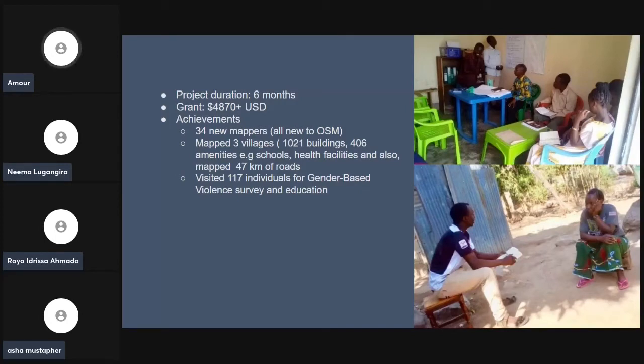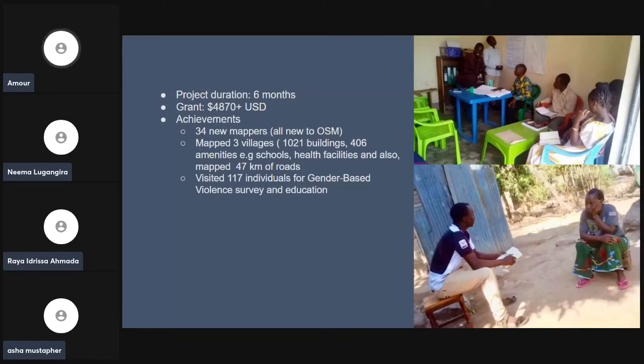They've already mapped 3 villages, digitizing building footprints and collecting these important amenities, like schools and health facilities. And they also visited 117 individuals to do a survey on gender-based violence.